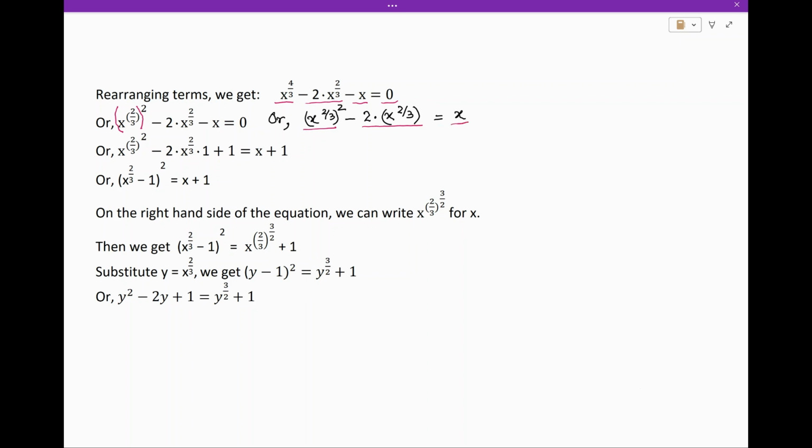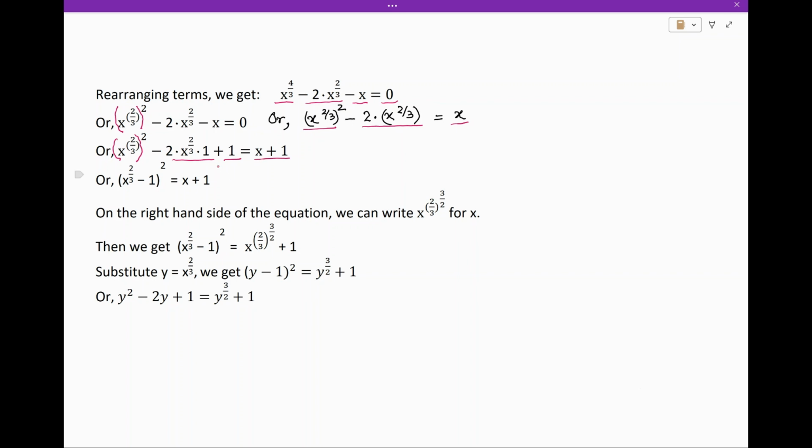We have just taken x to the other side of the equation. If we add 1 to both sides of the equation, we get x to the power of 2 by 3 whole squared minus 2 multiplied by x to the power of 2 by 3 plus 1 is equal to x plus 1.